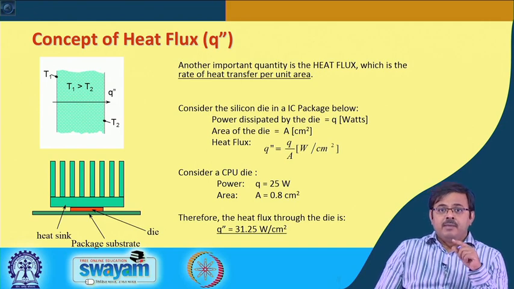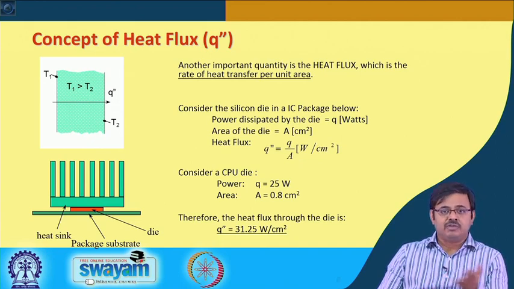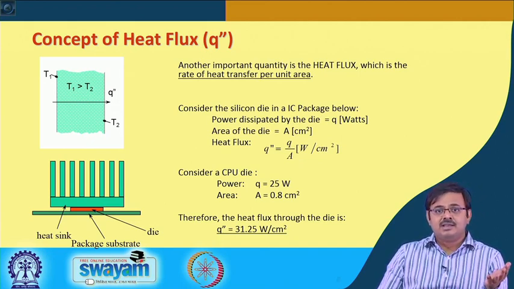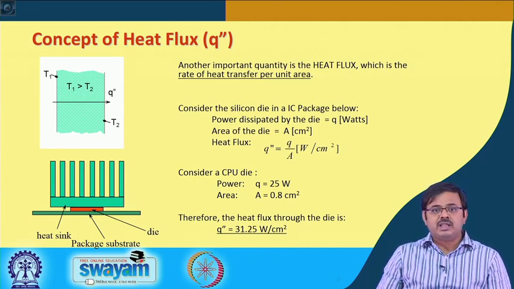Why? Because the amount of heat that can be dissipated either by conduction, convection or radiation, as we saw in the last class, is proportional to the surface area.